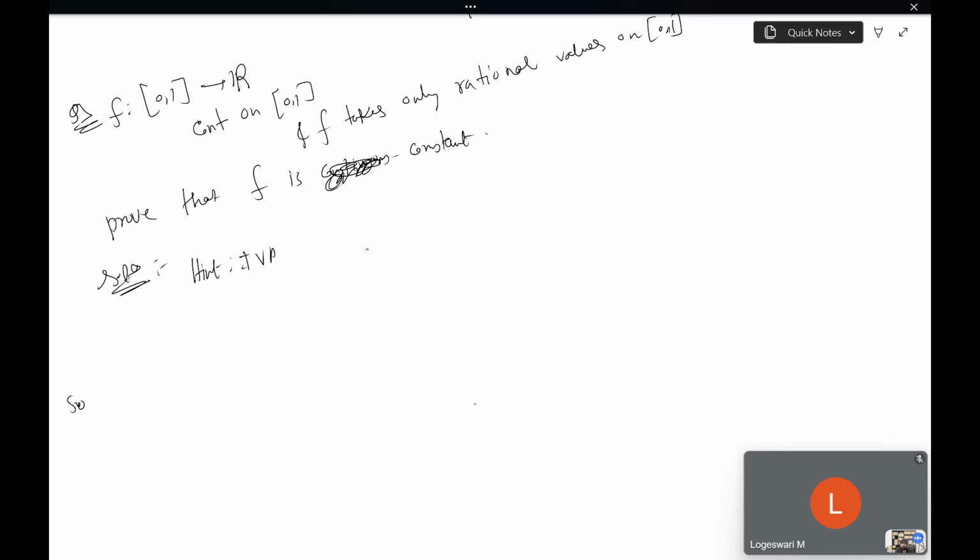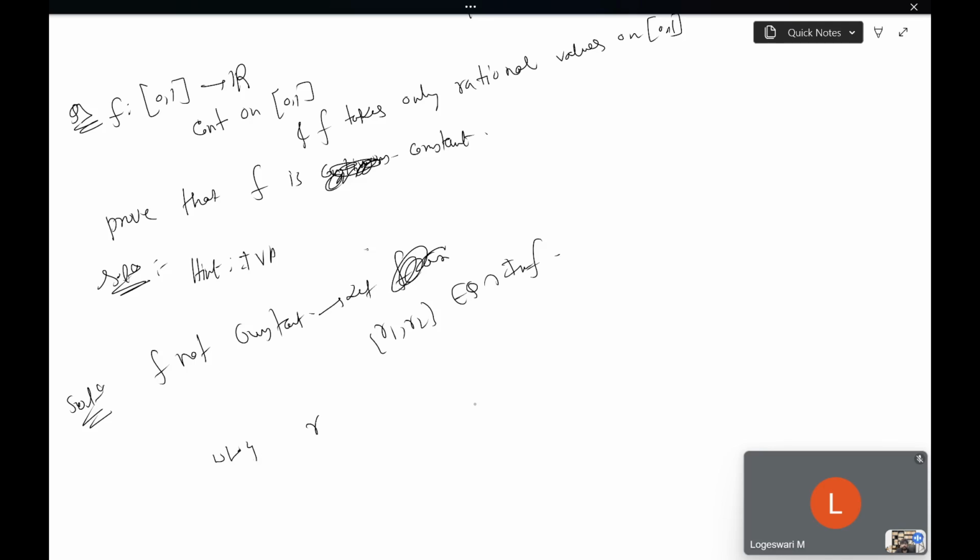Okay, so suppose f is not constant. Let us choose two numbers r1 and r2, assume without loss of generality r1 less than r2. So you can find an irrational number in between r1 and r2.